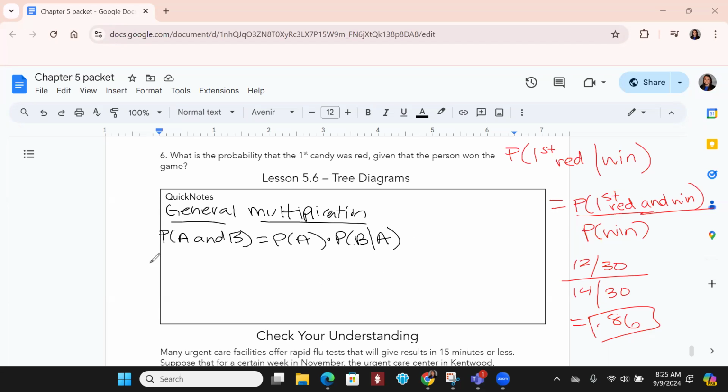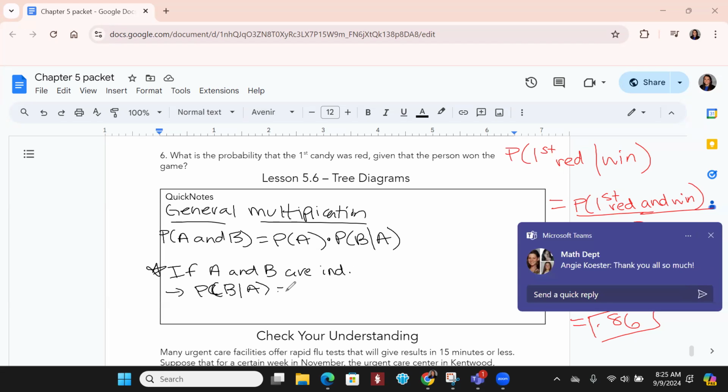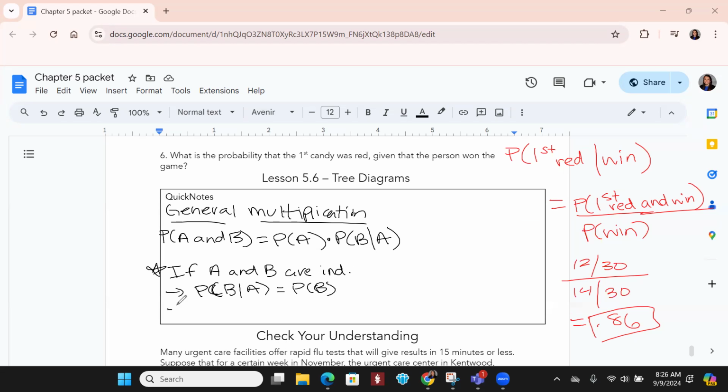If A and B are independent, then the probability of B given A equals the probability of B. So the probability of A and B is equal to the probability of A times the probability of B.